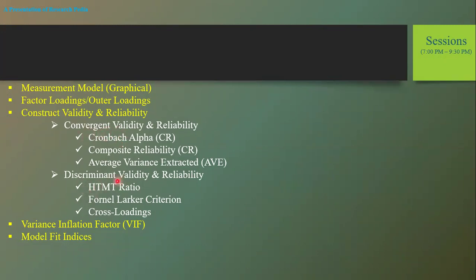But whenever you are comparing a construct with other constructs, and in our study there are a lot of constructs, like perceived ease of use, perceived risk, financial well-being, and so on, we have other constructs too. So when we are comparing a construct with other constructs, we need to compare their factors in some cross-listing order. Then there is discriminant validity.